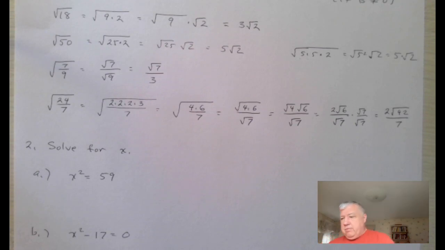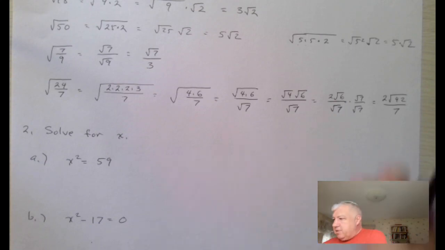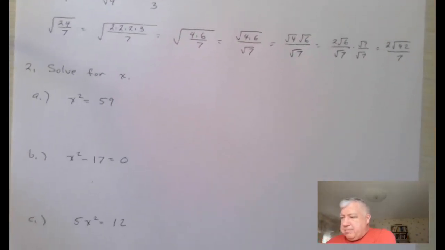Okay, and so with this, now we want to start solving some quadratic equations. These involve setting a quadratic function equal to a number. And we're going to get started with the really simple ones.